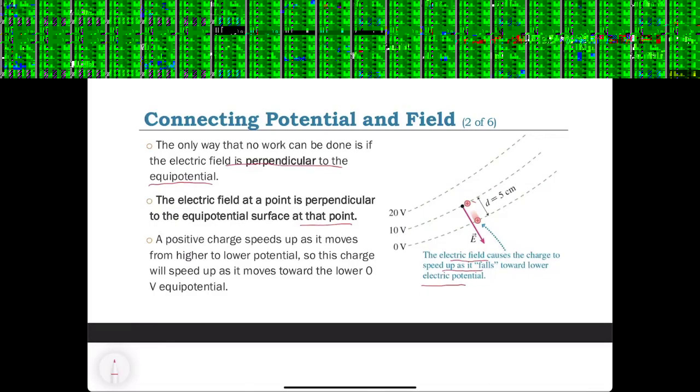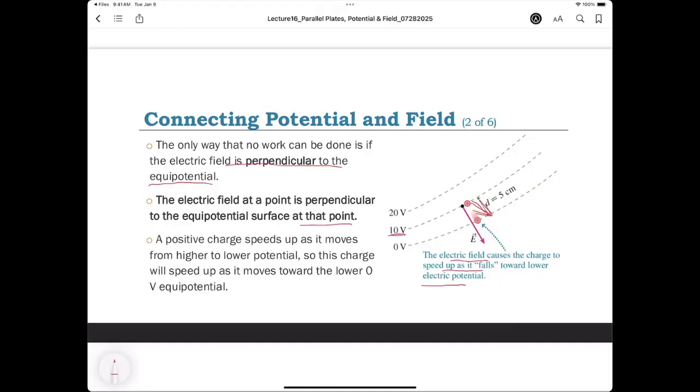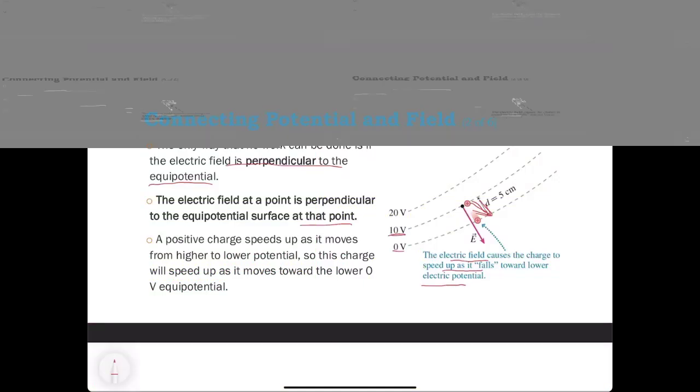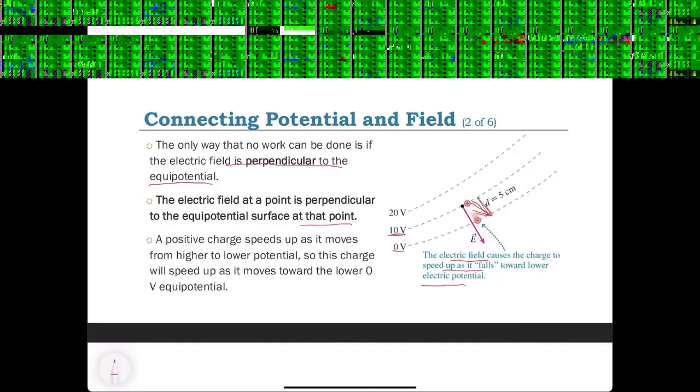If the motion direction is like this, from the higher potential to the lower potential, from 10 to zero, a positive charge will speed up as it moves towards the lower equipotential.